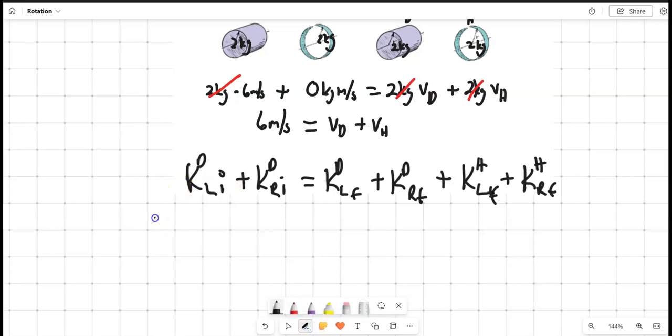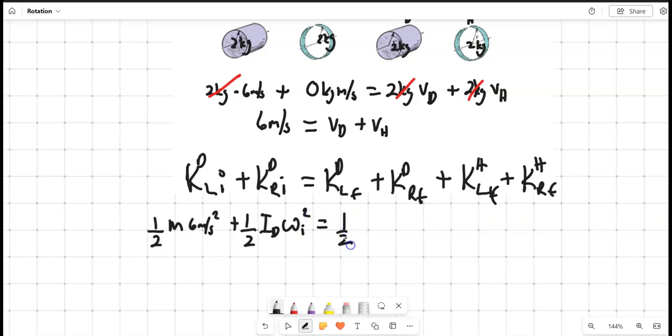So the linear kinetic energy for the disk is going to be 1/2 the mass times the velocity squared, which is 6 meters per second squared, plus the disk has 1/2 its moment of inertia times its initial omega squared.